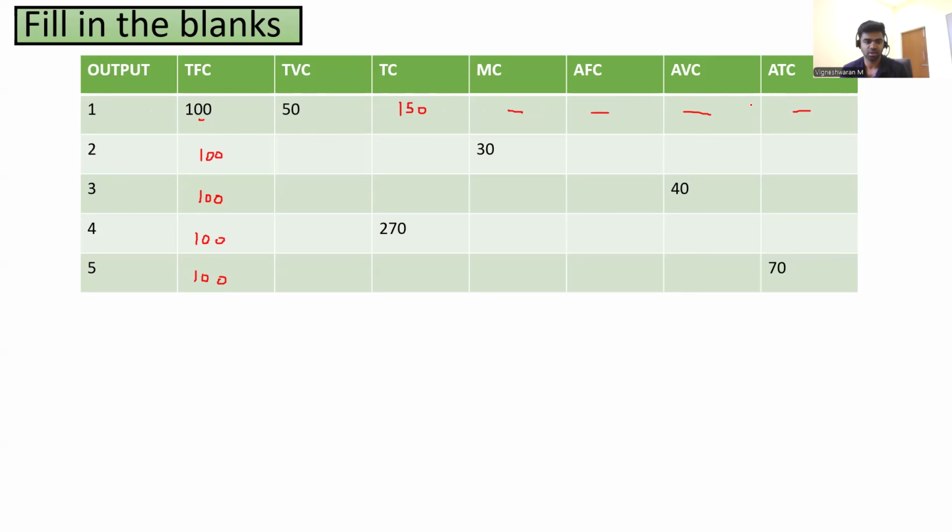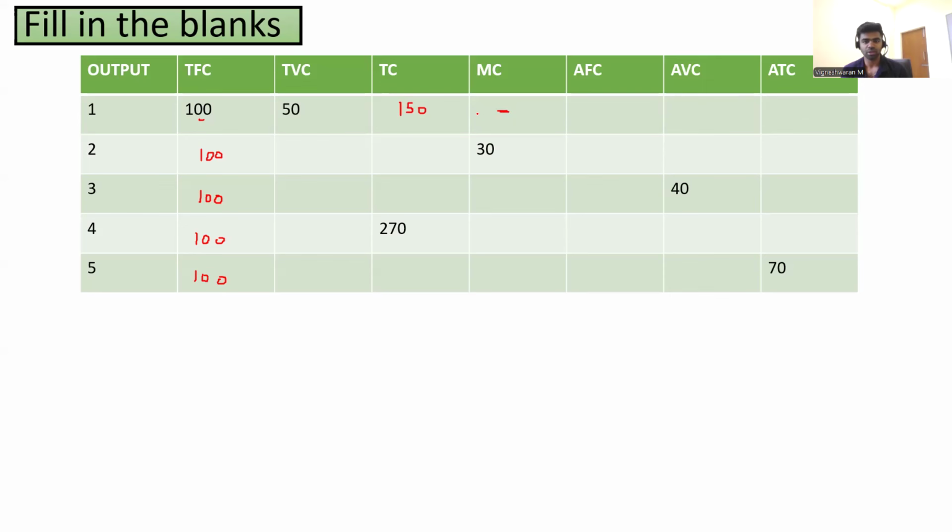Sorry, I made a mistake. It is not 0, right? Okay, now marginal cost is given. So for marginal cost, only for the first one there won't be any value.